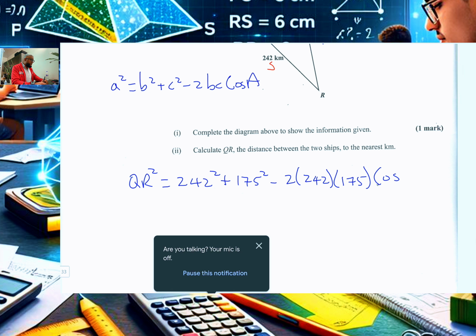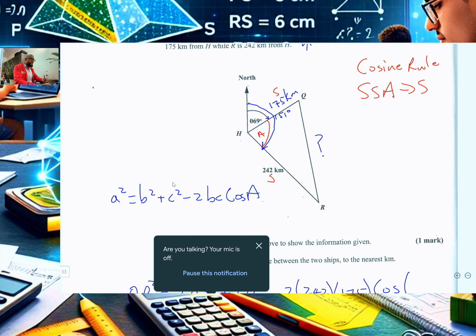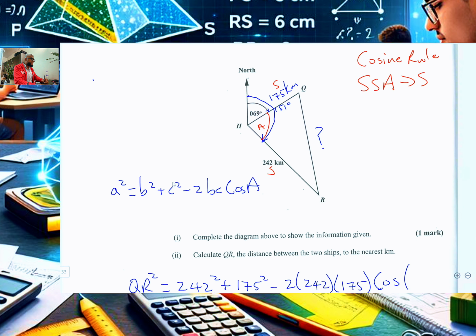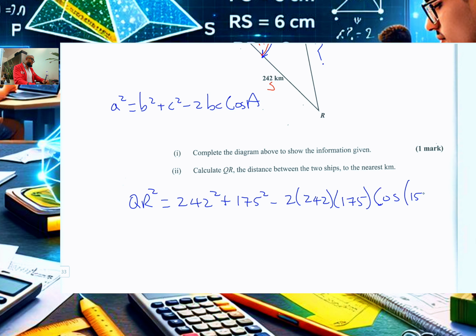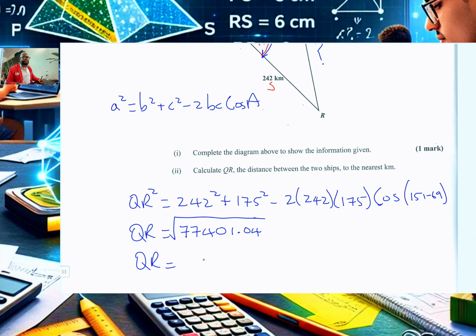Cos of the angle. We didn't work out the angle. I can put the working right here now. Watch. I could simply put 151 minus 69 here, but I'm putting that in brackets. Alright? We got it here? Right. So QR will be equal to what?